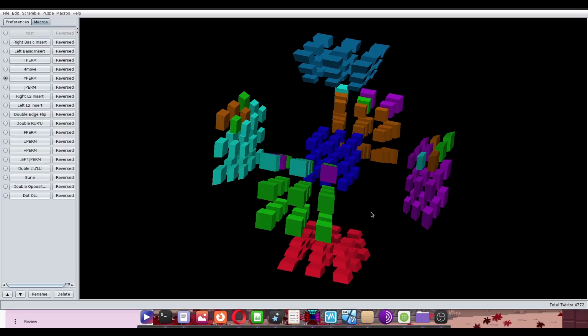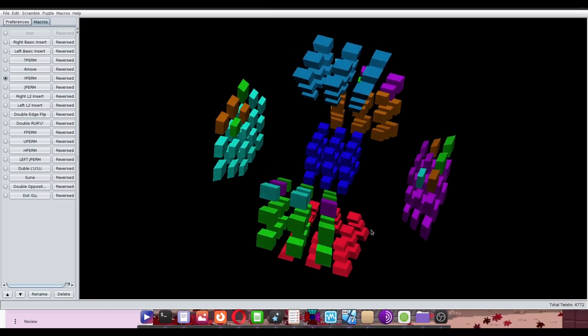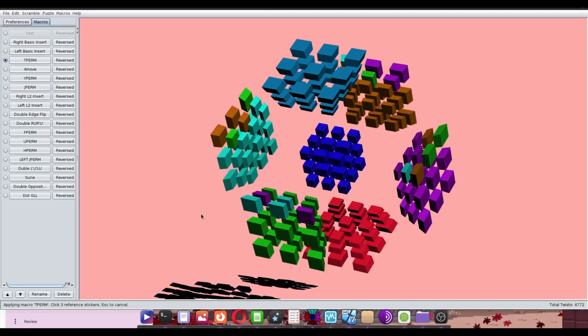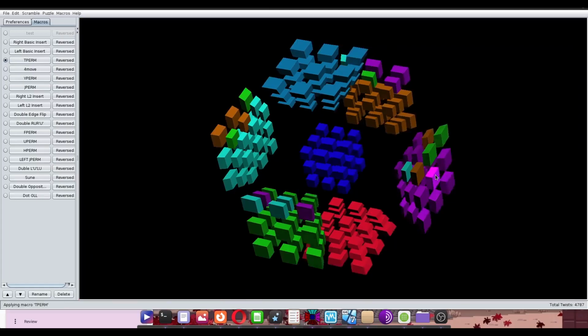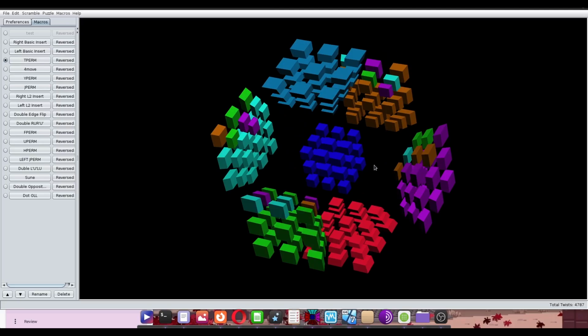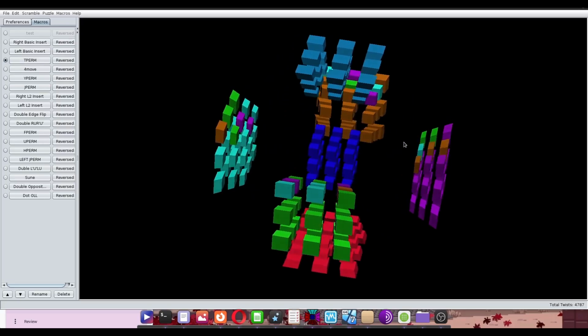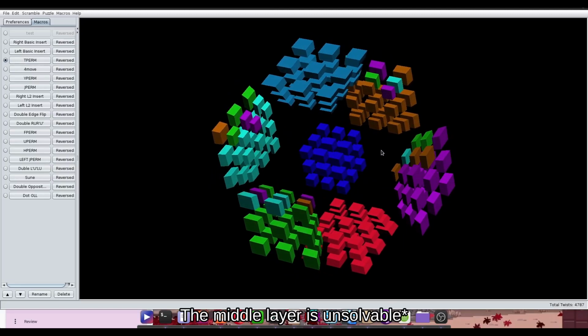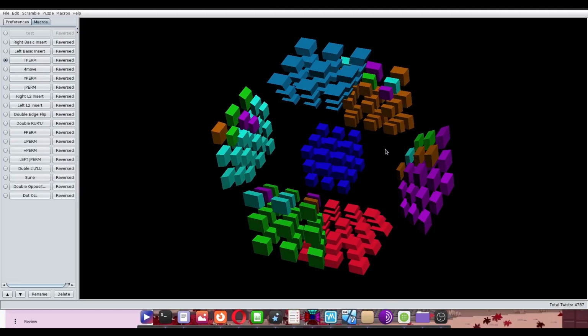Next up is PLL alignment, but unfortunately, it didn't work out too well because there were parity problems on the middle layer, which prevented me from solving the corners of PLL. I then had to use some clever tricks to try and solve it. As you can see, the pieces do not align together if you look at the middle layer of this PLL, so I had to get creative.